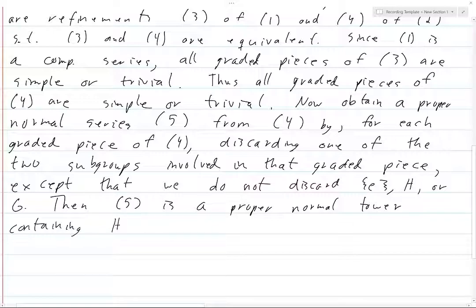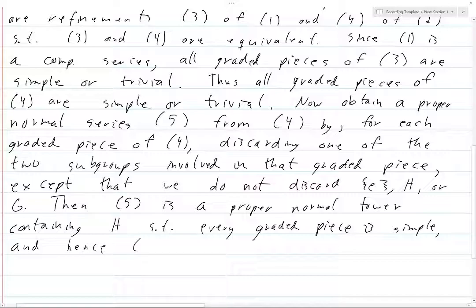5 is a proper normal tower containing H such that every graded piece is simple, and hence 5 is a composition series.